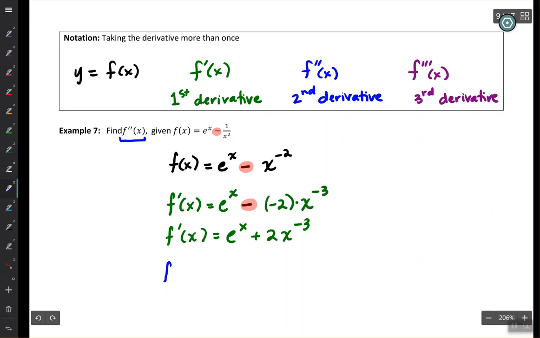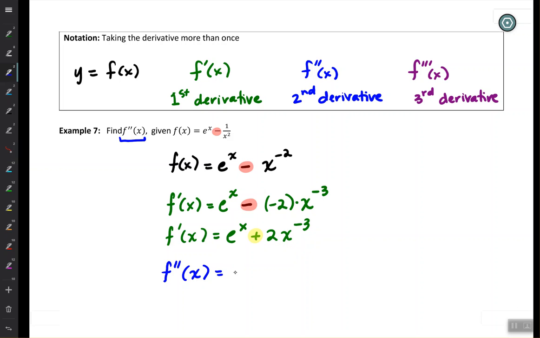Now taking this derivative one more time, the second derivative, f double prime, again, I get to differentiate term by term. I have one function of x plus another function of x.